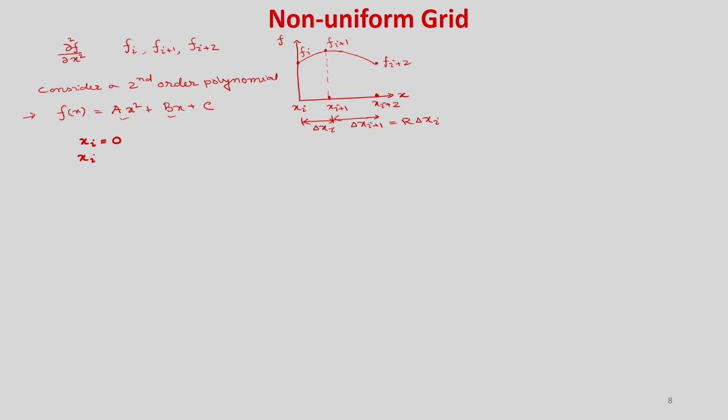So, x i plus 1 will be delta x i, okay, and x i plus 2 will be delta x i plus delta x i plus 1. So, delta x i plus delta x i plus 1 is r into delta x i. So, it will be 1 plus r into delta x i.